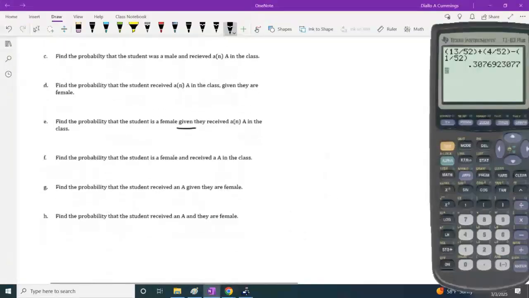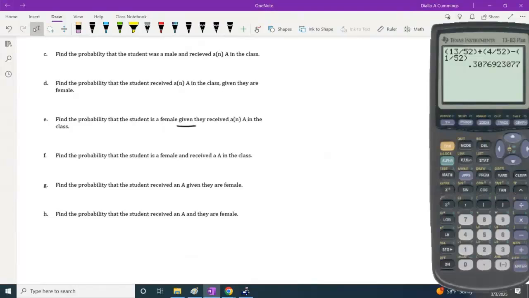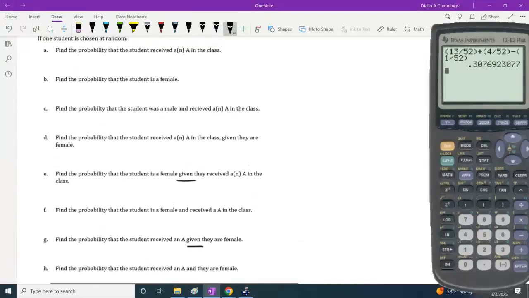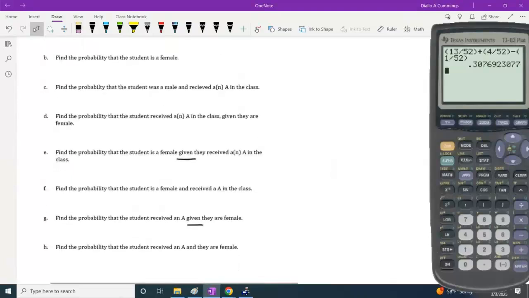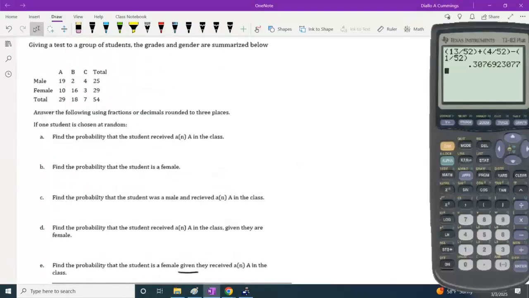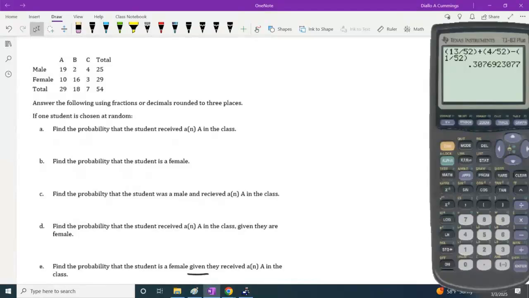It's in E. It is in G. Am I missing something? Okay, well, we'll just see them as we go through. All right. So now if you see the word given, you can't use your row column total. We're going to see that in a second.